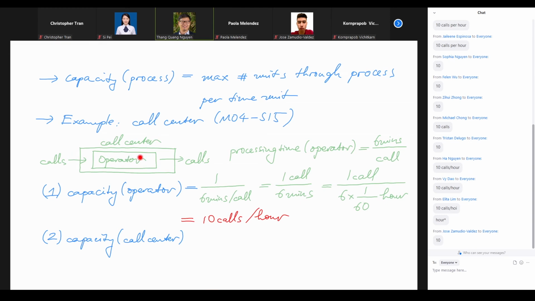That's a difference. Conceptually, one is a capacity of the resource, and now it is a capacity of the whole process. So I would like to ask the whole class, what is the capacity of this call center? Please feel free to share in the chat window. And here's my hint for you, okay? This is not a tricky question.